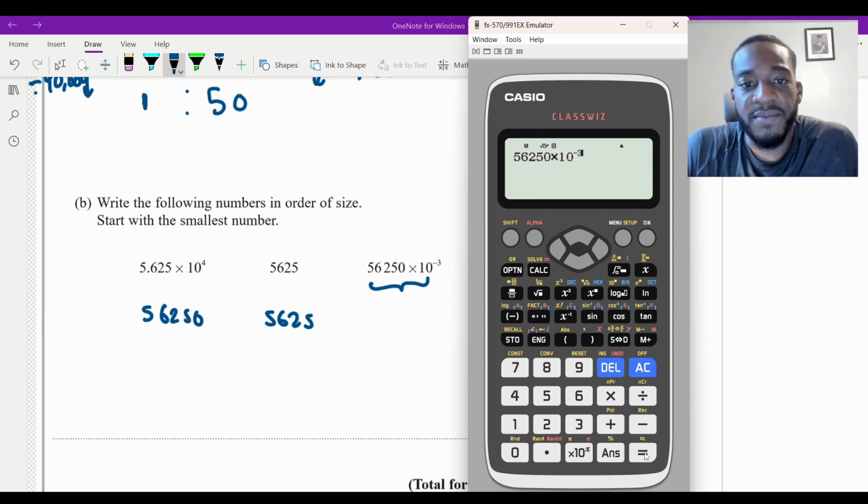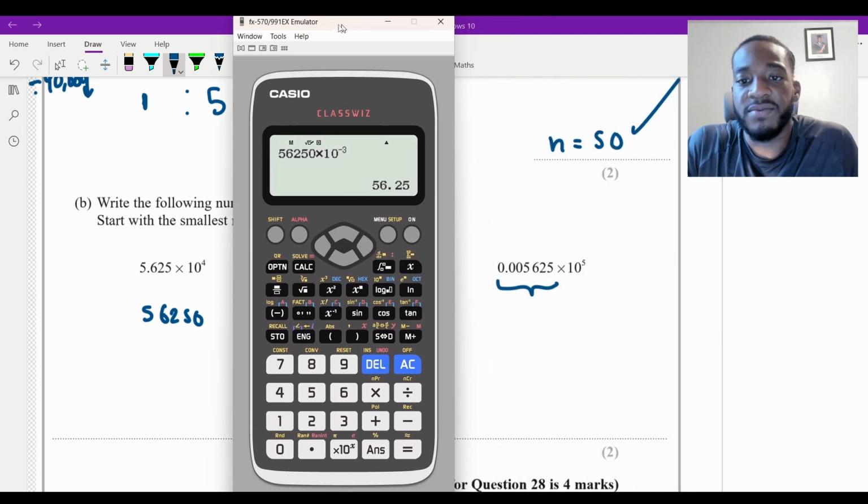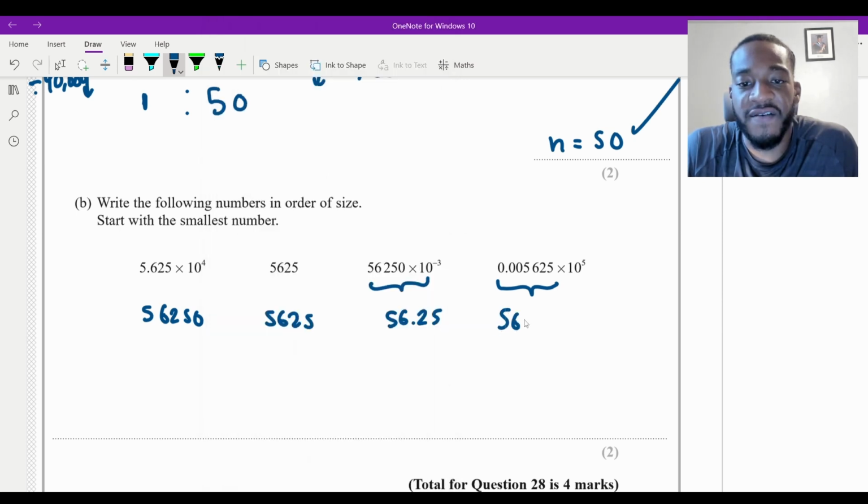And it gives me 56.25. And then the last one is going to be 0.005625, and we'll times that by 10 to the 5. And that gives me 562.5.